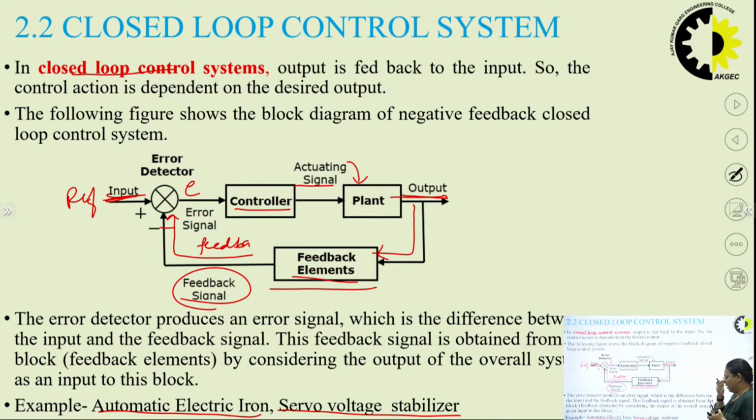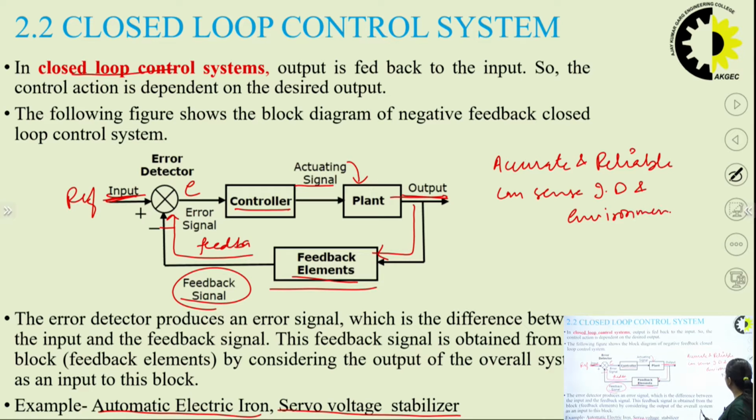As I've told you, it is more accurate and more reliable as compared with the open loop system, because it can sense internal disturbances and environmental changes, right? So this is very important to know. But it has a disadvantage: it is complex to draw, and it is costlier.